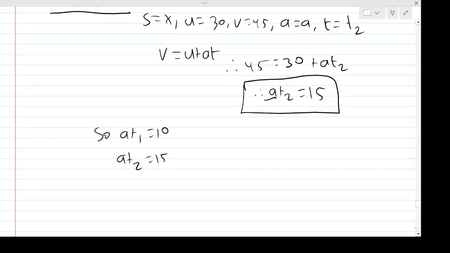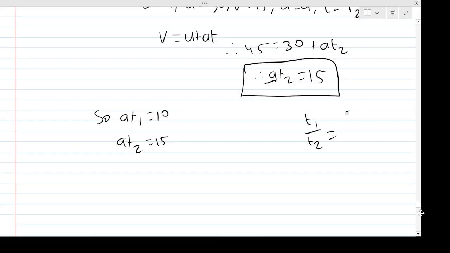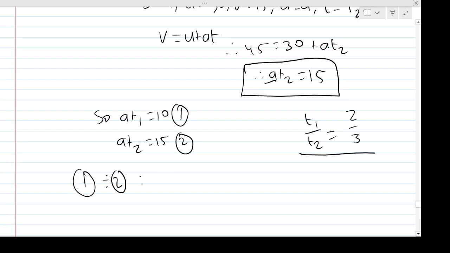If I want to show that T1 over T2 is 2/3, these two equations are hinting I want to divide T1 by T2. So if I call this the first and the second equation, I want to divide the first one by the second one, because then I would have AT1 divided by AT2, so that I get T1 divided by T2, which is 10 over 15.